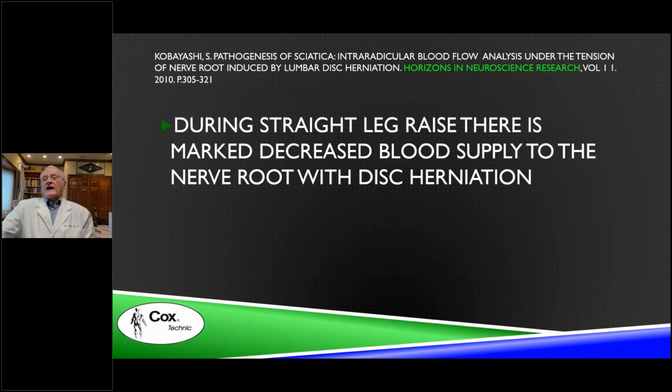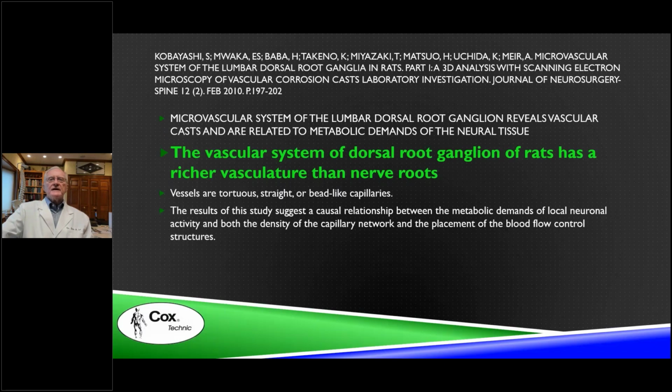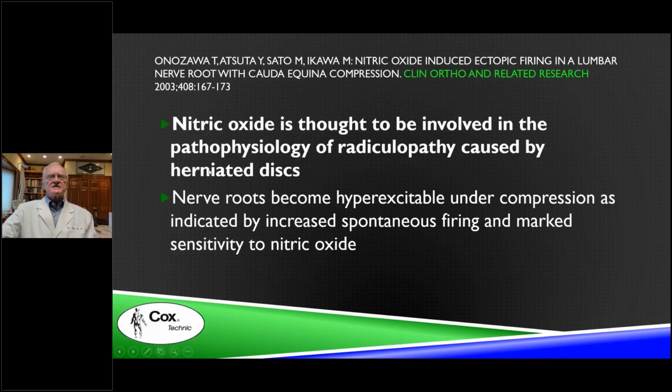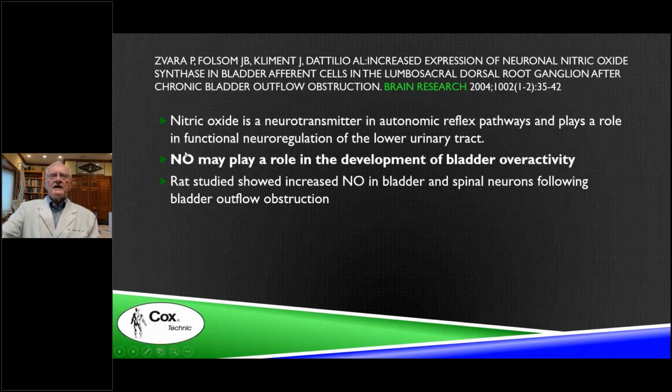During straight leg raise, why is it positive? Because we are further causing dural irritation, dural compression, aggravating chemical inflammation of the dorsal root ganglion. Let me look with you, if you would, at this. When we treat a spine, these exciting things are going through our mind. What is the vascular system of the nerve itself? Well, nitric oxide is involved in radiculopathy.